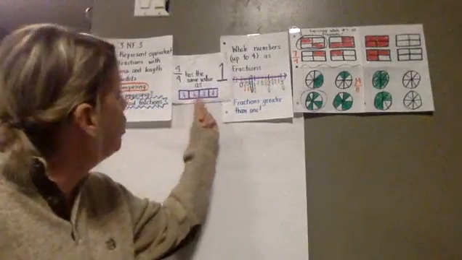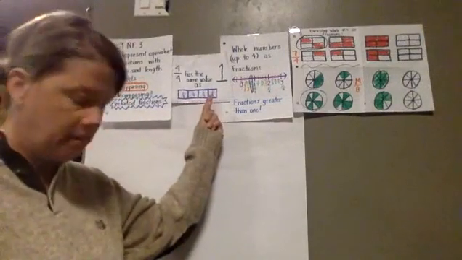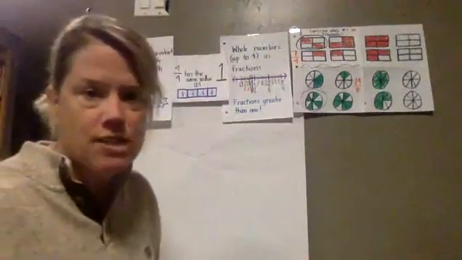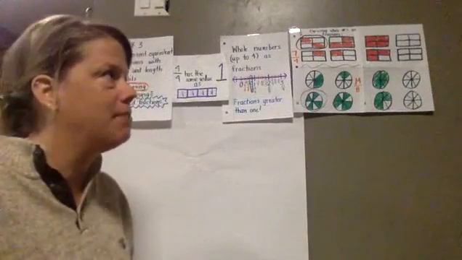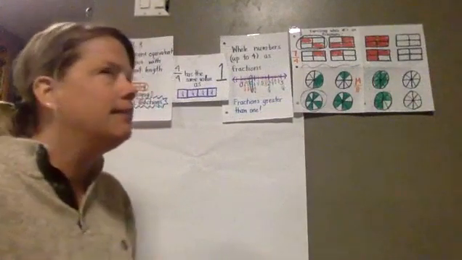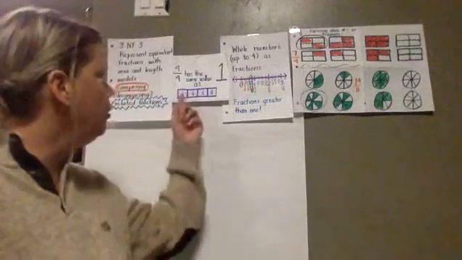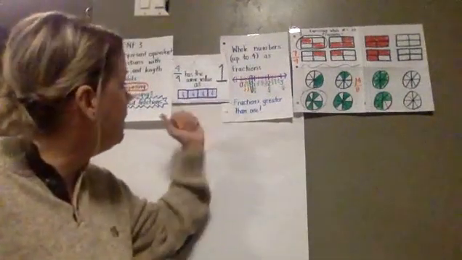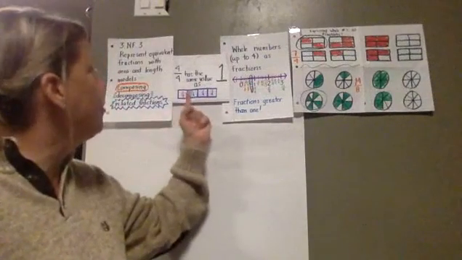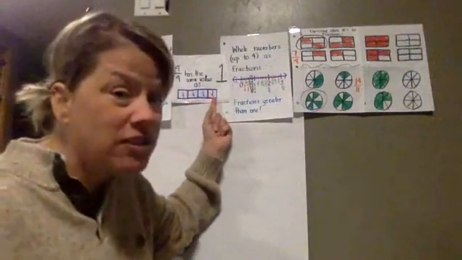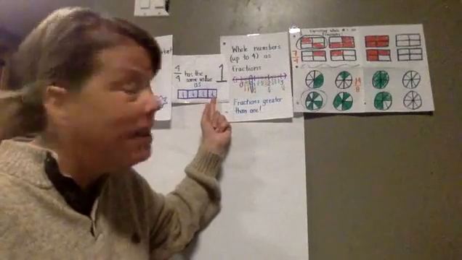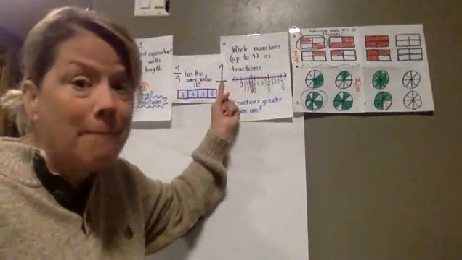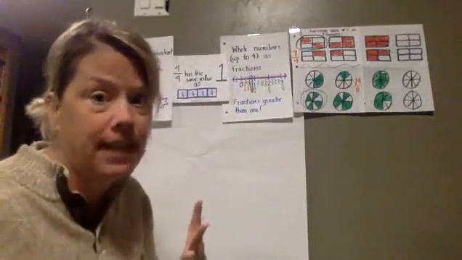So if this was, I don't know, a whole pizza. I know that's cheesy. If I had 1/4, 2/4, 3/4, 4/4, if I ate all 4/4, then I ate the whole pizza. Had one whole pizza. Okay.